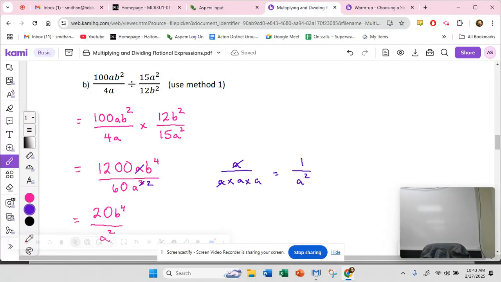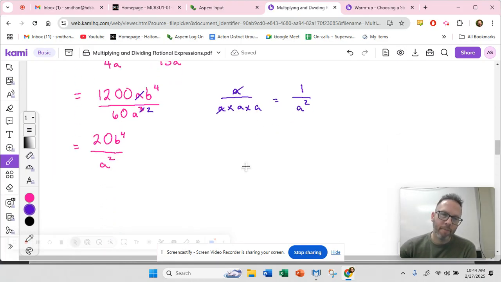Are there any values of a or b that will make the bottom 0? Does any of you three people see any restrictions? You see one, Sam? 0. What can't be 0? A can't be 0. You are correct.